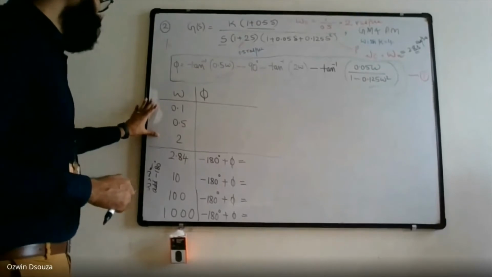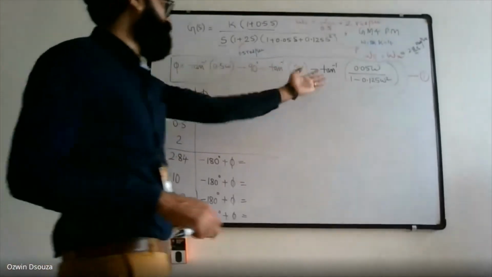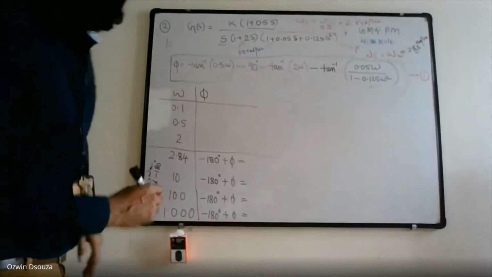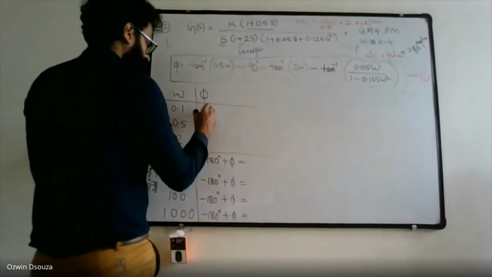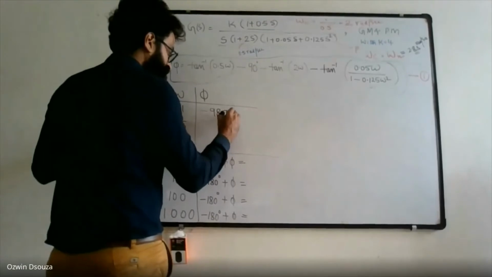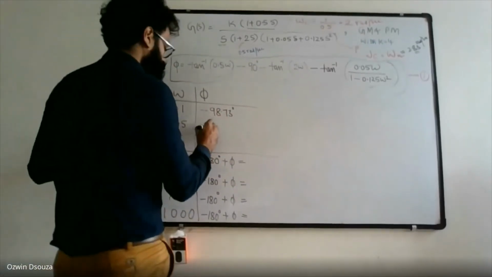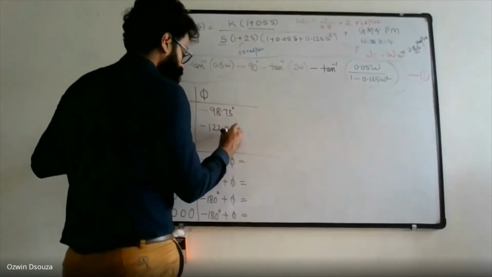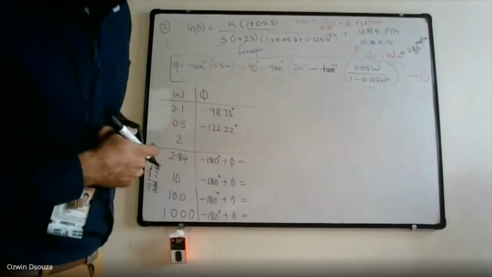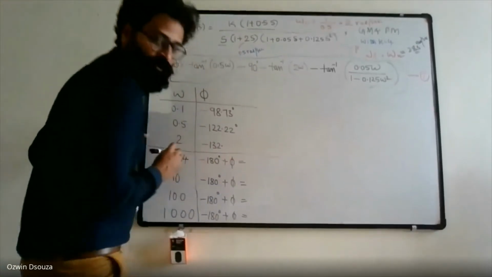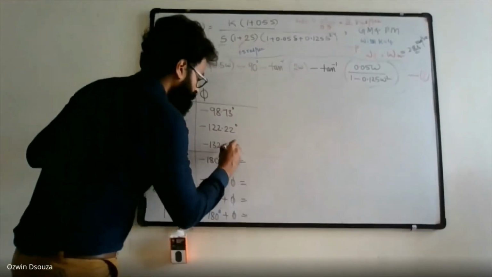For frequencies less than omega n, you don't have to bother, you just substitute omega and write down the angle phi. So this you will get as minus 98.73, the second one you will get as minus 122.22, and at 2 you will get minus 132.27.